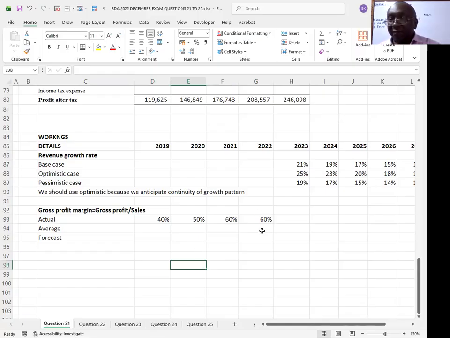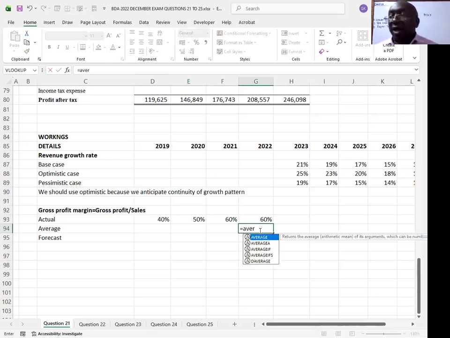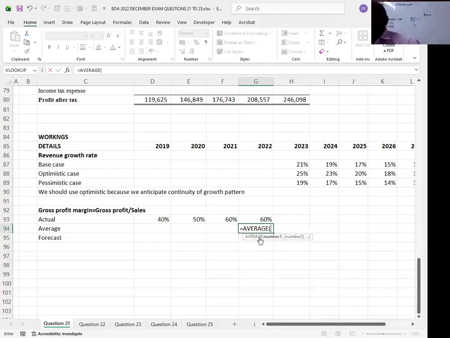Yes. So if you have, then tukuja hapa 2022, tuseme equals, you type average, you double click, then you pick these three, because they are saying they want for 2020, 2021, 2022. Close the brackets.